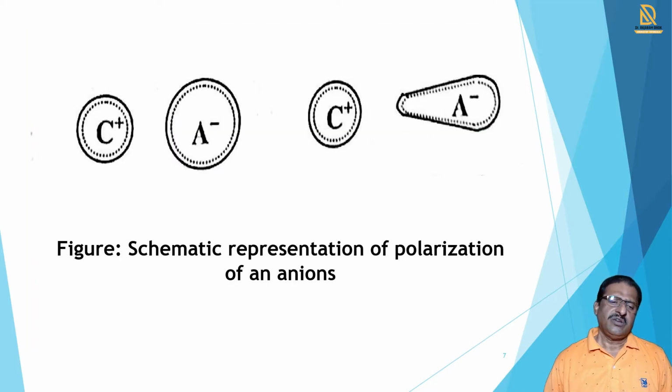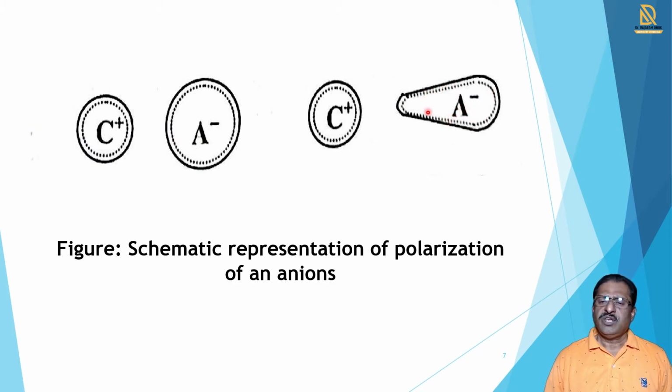We see here the diagram. Here, a schematic representation of polarization of ions is shown. This is the larger size anion, shown by A minus, and the comparatively smaller size cation, shown by C plus. Now, when that anion and cation come in contact with each other, this cation attracts the electrons of the anion, but at the same time this cation repels the positive charge of the anion.